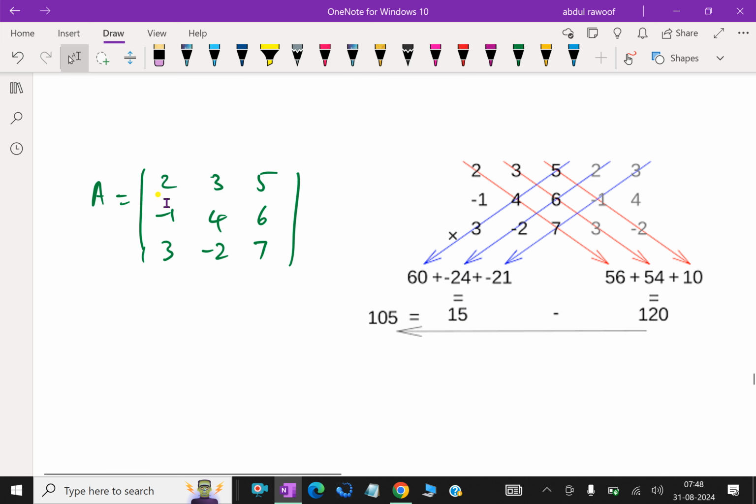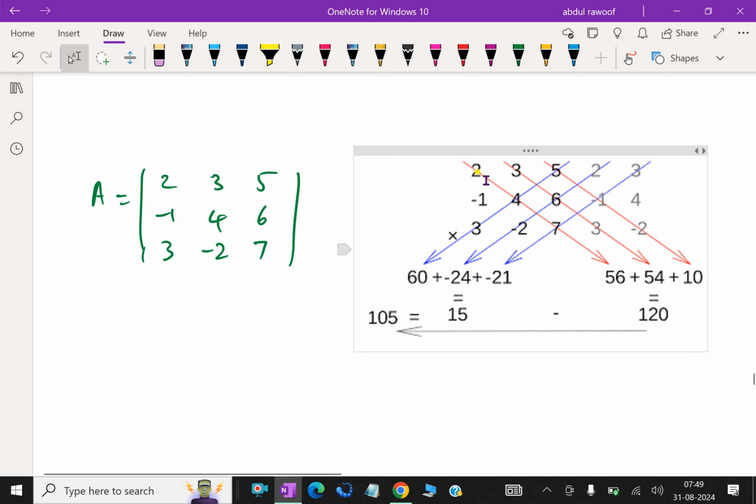Look at here. First, the determinant A is given as 2, 3, 5, minus 1, 4, 6, 3, minus 2, 7. This matrix. First we have to write these two columns again, 2, 3, minus 1, 4, 3, minus 2, in order. Just go this way.